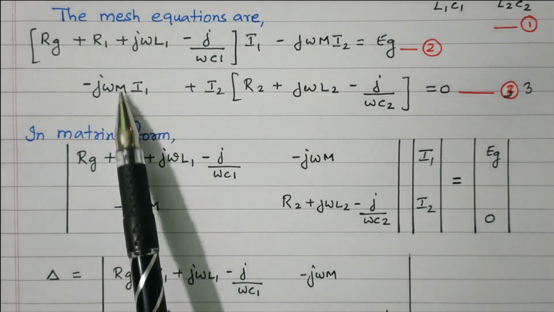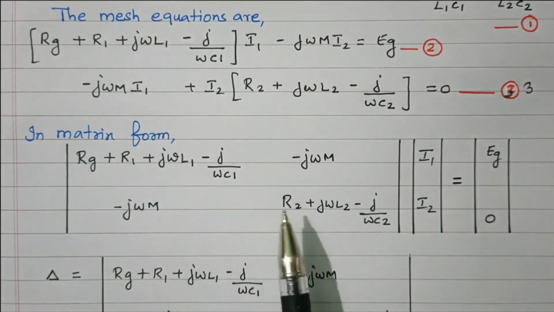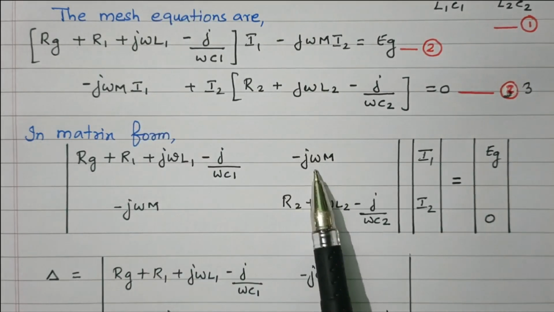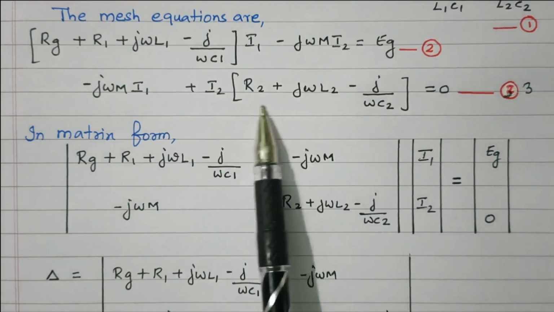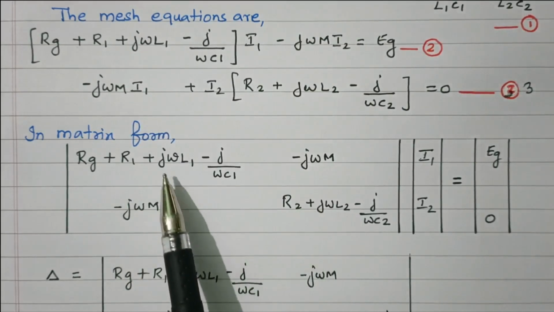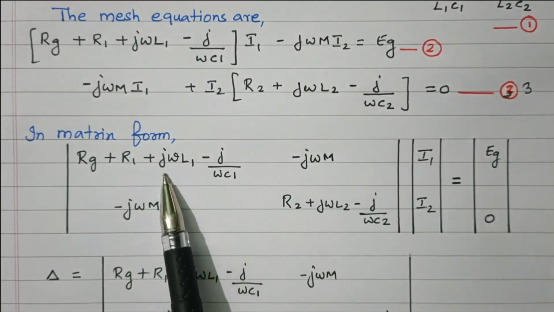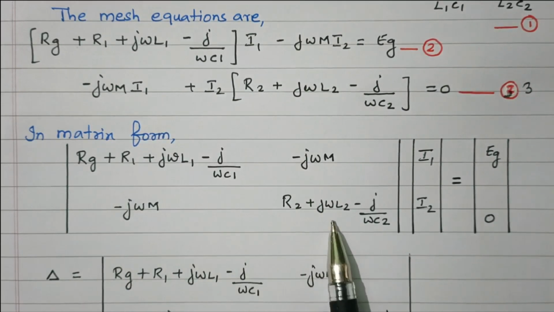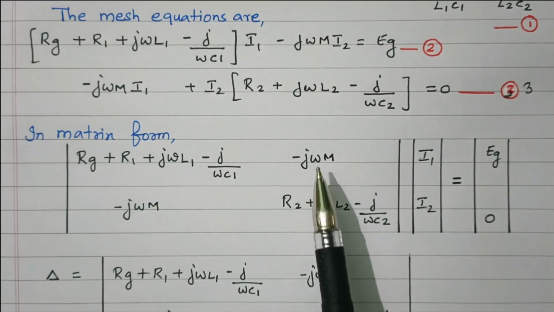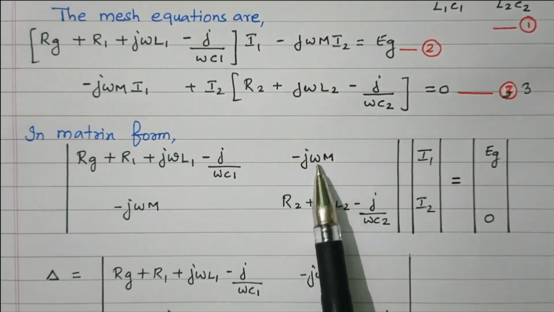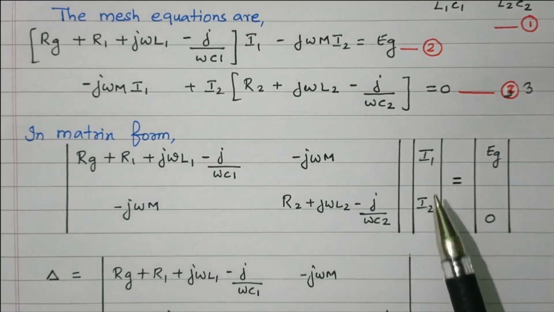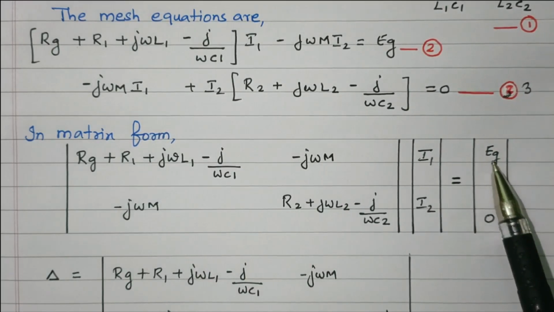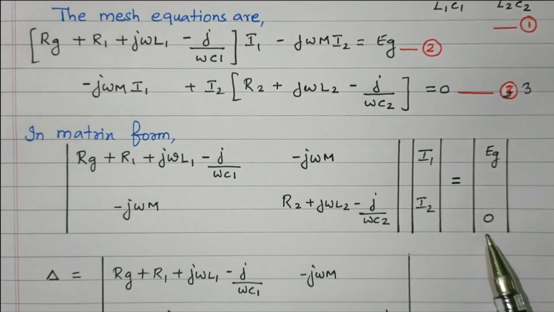So the mutual inductance is available between coils 1 and 2, so minus j omega M here, and here also minus j omega M. Otherwise we can write the equation as it is. So this is Z11, the impedance in the first loop, Z22, the impedance in the second loop, and Z12, Z21. The currents are I1, I2, and the voltages are EG in the first loop and 0 in the second loop.